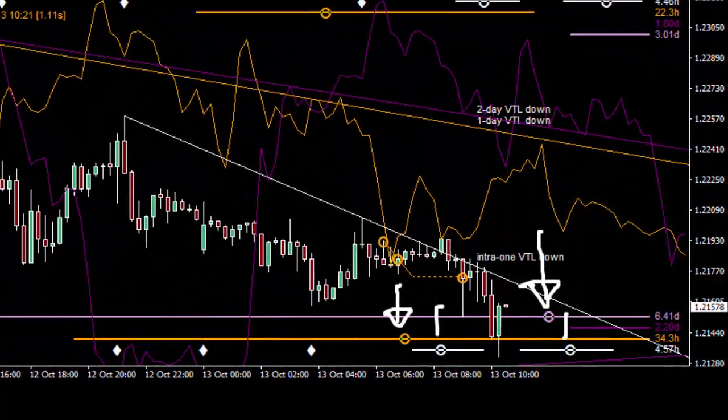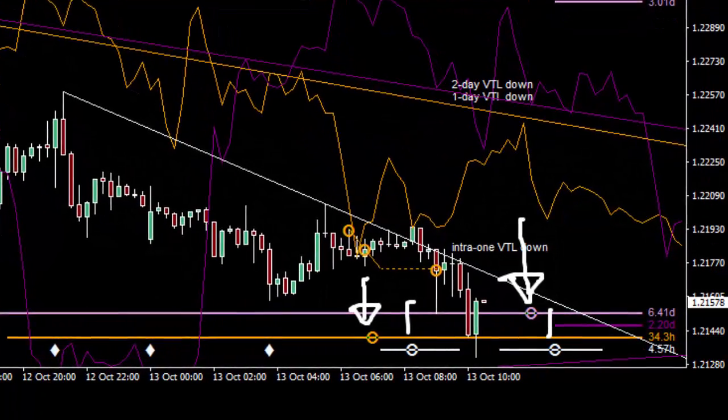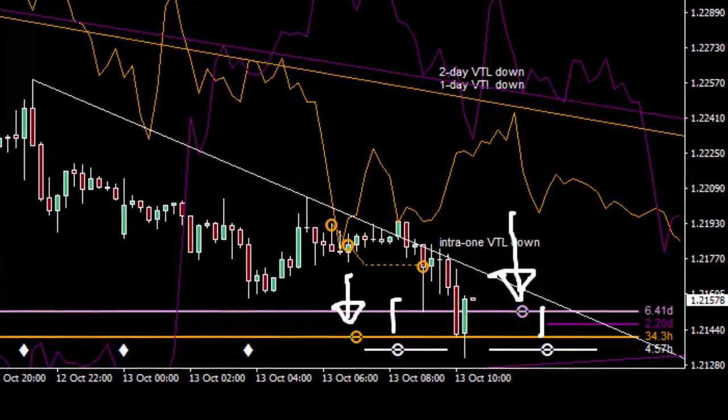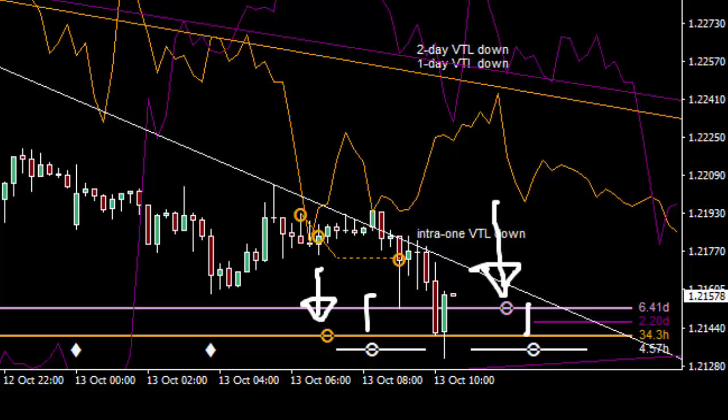Those are those circles. Now, what I find interesting about this is the sort of clustering of those circles. In particular, the one-day cycle circle on the left over here, and the 5-day cycle circle on the right over there.